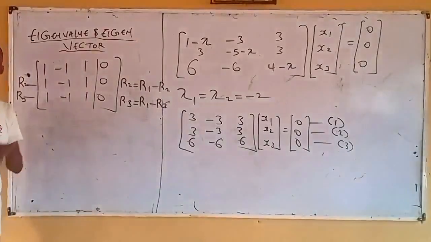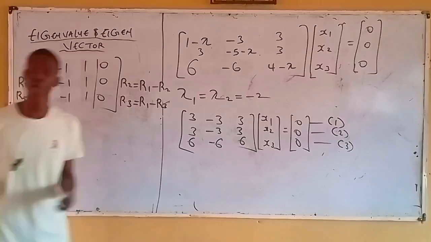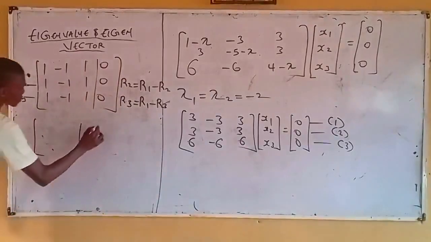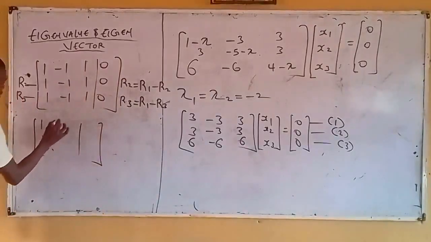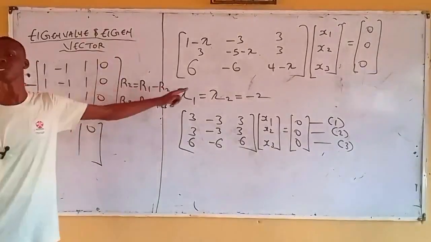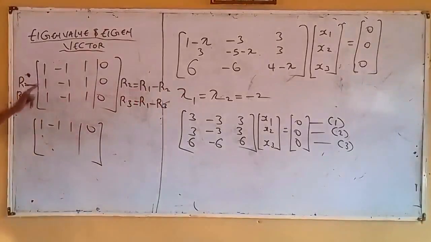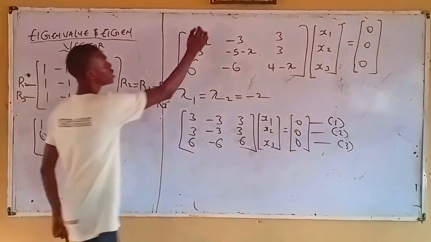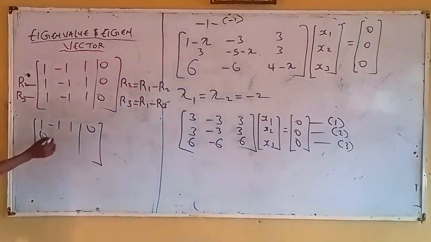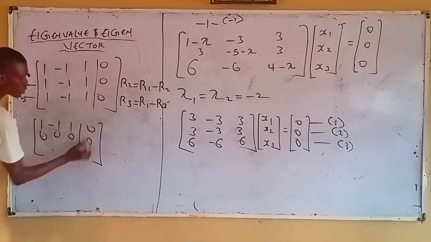Now, write your new augmented form of matrix, writing the one that won't change, which is row 1. So this is what we have: 1, negative 1, 1, 0. Then, implementing this manipulation on row 2, that becomes 1 minus 1, 0. Negative 1 minus 1, meaning negative 1 plus 1, that's 0. 1 minus 1, 0. 0 minus 0, 0.